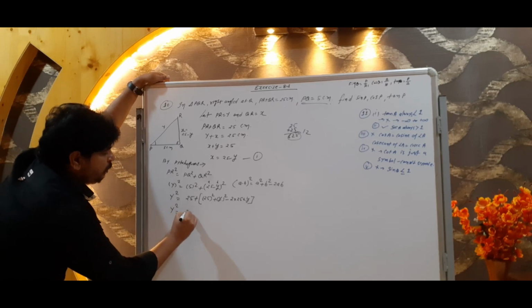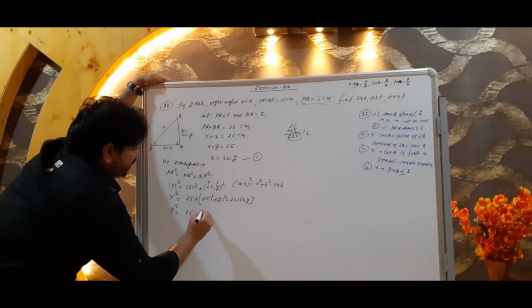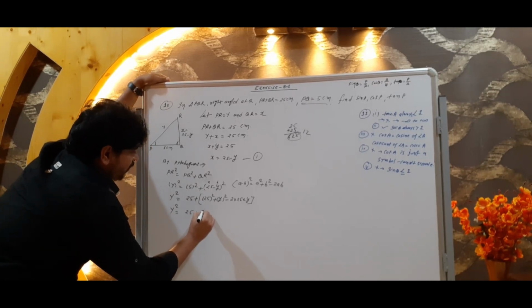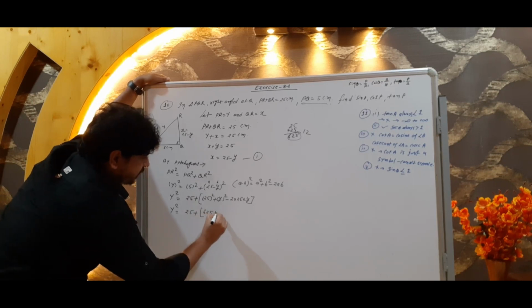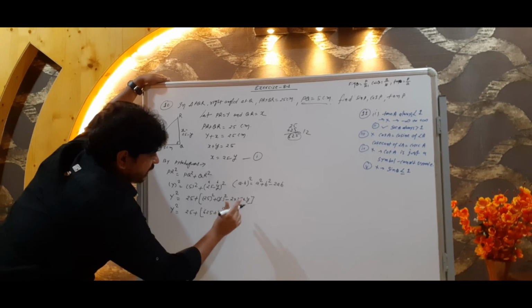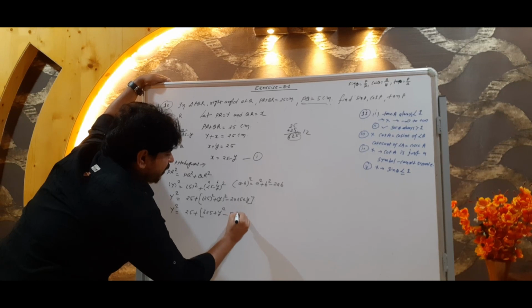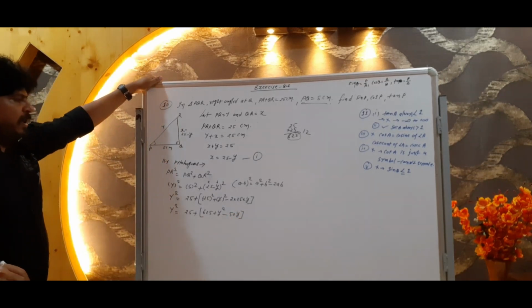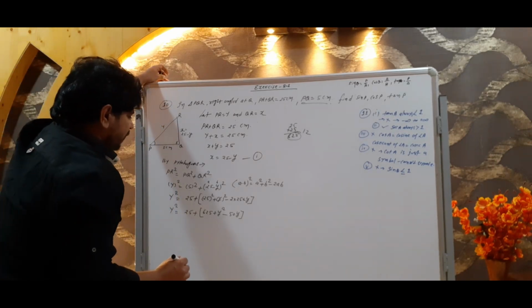Y square is equal to 25 plus, 25 and 25 will multiply, then what we will get? We will get here 625 plus Y square minus 50Y. We got here 50Y. Okay guys, now see that what will happen.